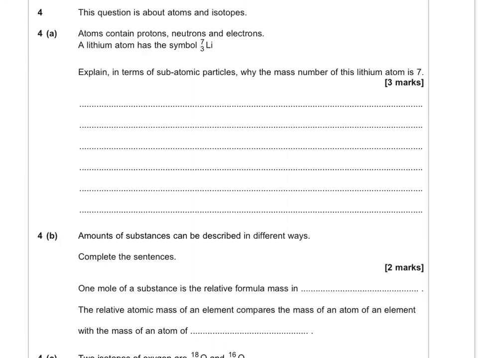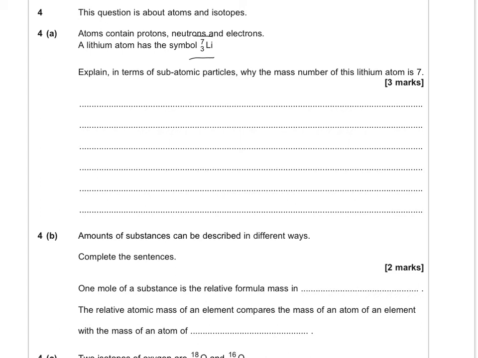Question 4. This question is about atoms and isotopes. Atoms contain protons, neutrons and electrons. A lithium atom has the symbol Li, 3 and 7. Explain in terms of subatomic particles why the mass number of this lithium atom is 7.